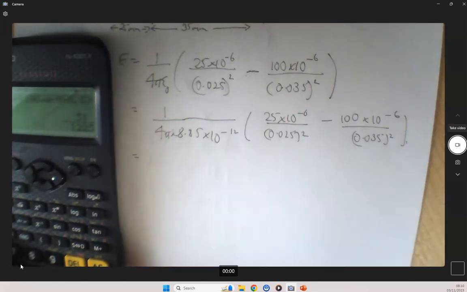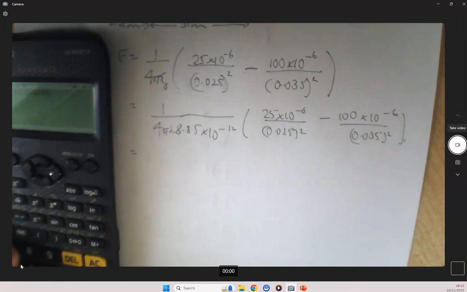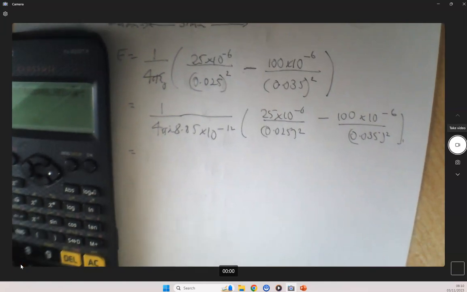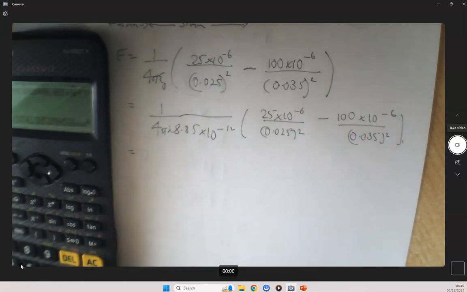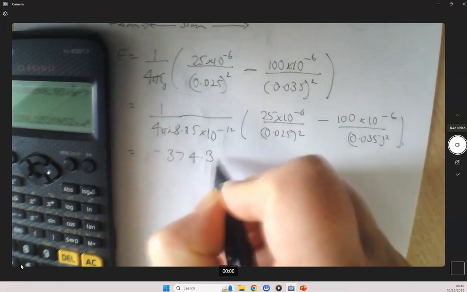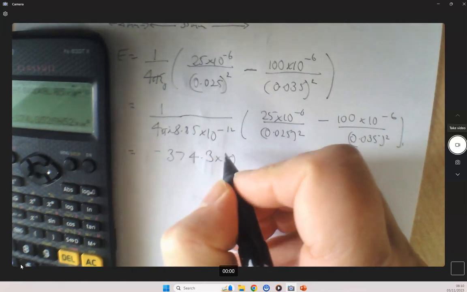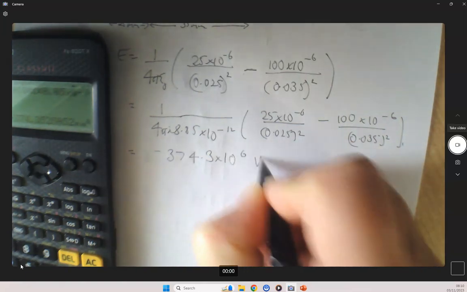And that is all going to be divided by 4 times pi times 8.85e to the minus 12, which gives me an answer, using the end button, of minus 374.3 times 10 to the 6 volts per meter.